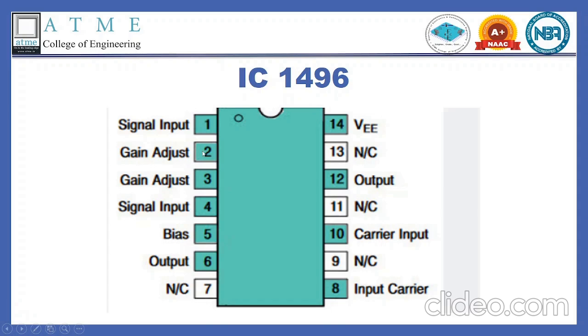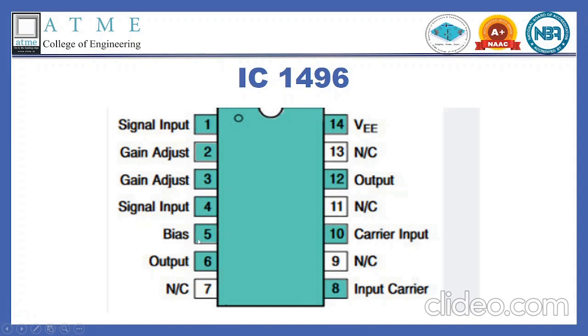Then we have pin numbers 2 and 3, which are the gain adjust. Since we want a higher gain output, we are going to connect a resistor between 2 and 3. Either at pin number 1 or 4, or in between them, we will be providing the inputs using a bias circuit.